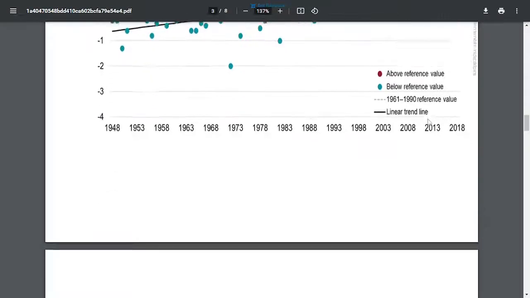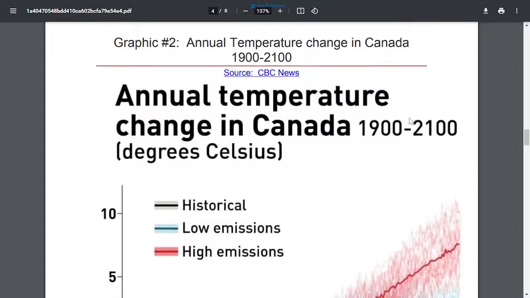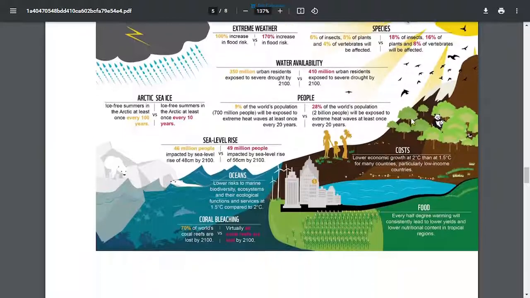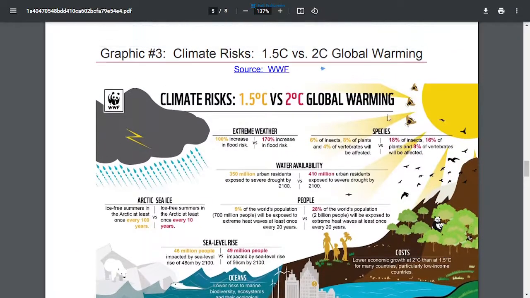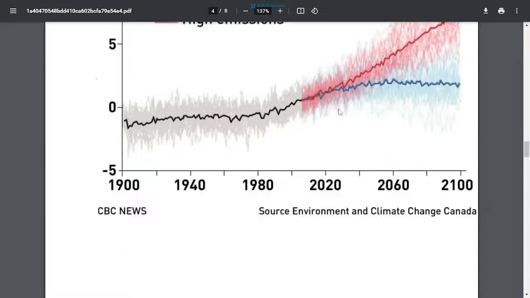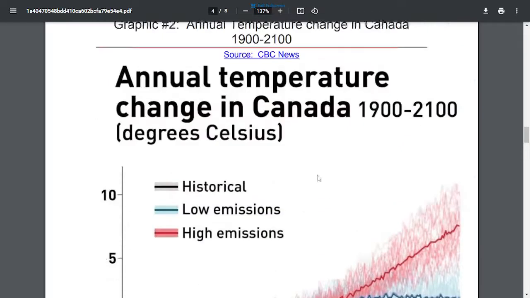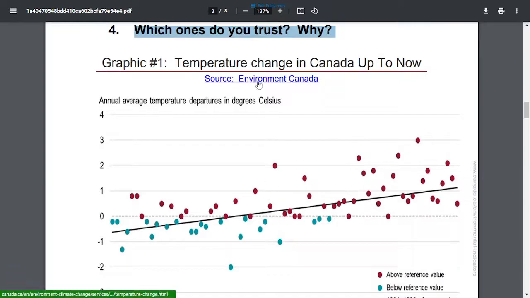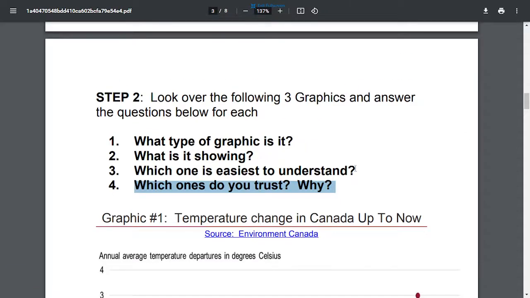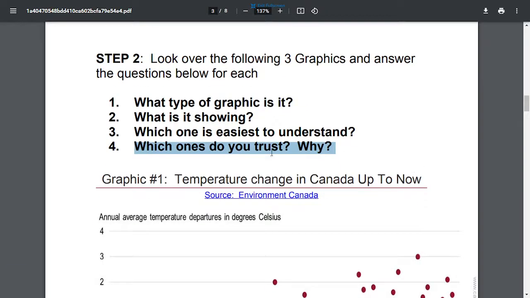And is it from a reputable publisher? So you're going to have to try your best to look for who made this. Source, source, source, and judge if it is reliable and you can trust it or not.